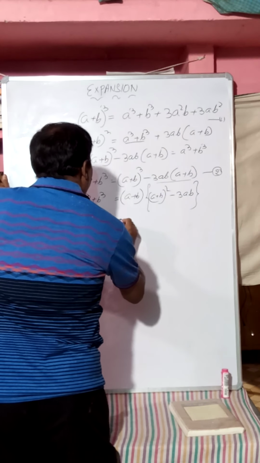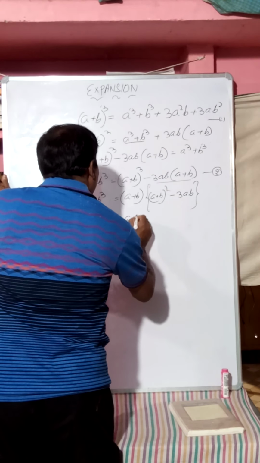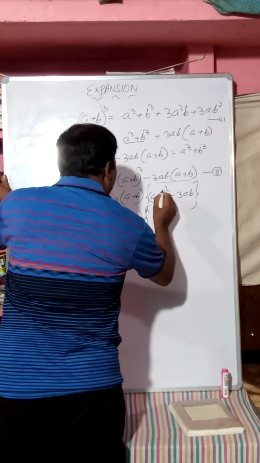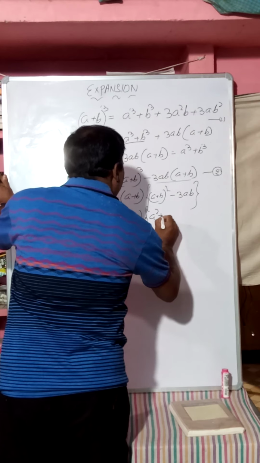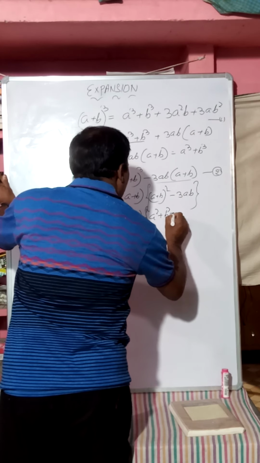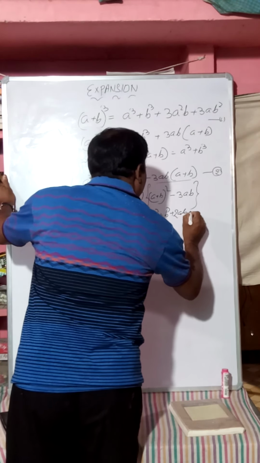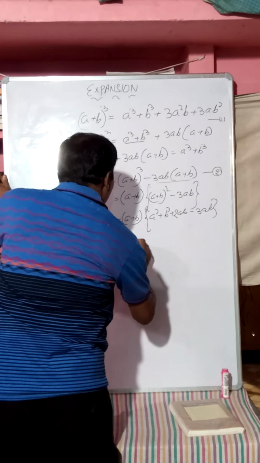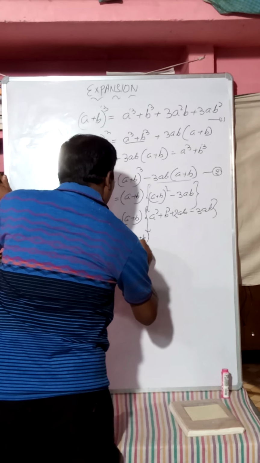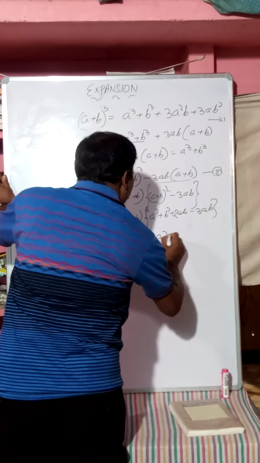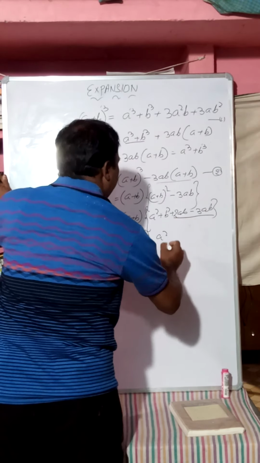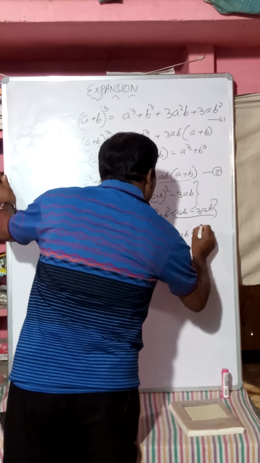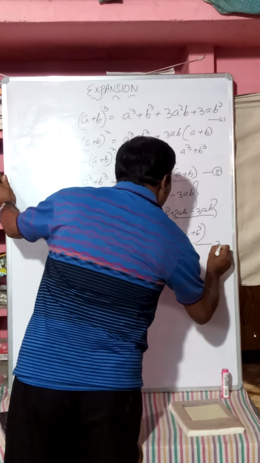Then next, (a plus b) whole into (a plus b) whole square, a square plus b square plus 2ab minus 3ab, that is equal to (a plus b) whole into a square minus ab plus b square. This is formula 3.